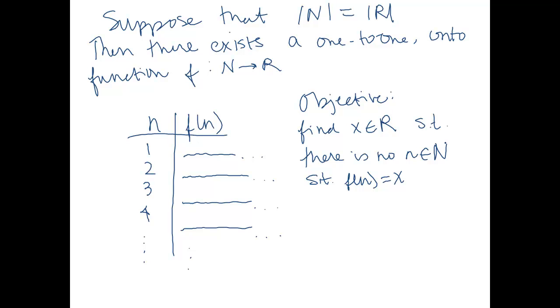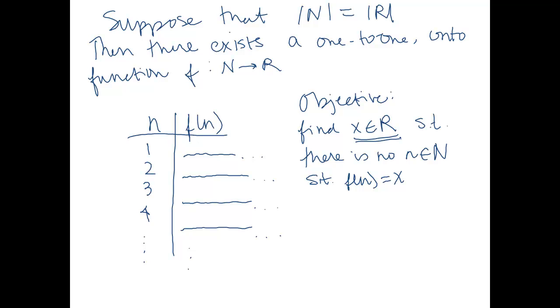Okay, and if we can find this, then we've shown that f is not onto. There is some element in our range that isn't mapped to by the function from the domain. And so this is going to show that our function f is not actually onto, which must be the case.